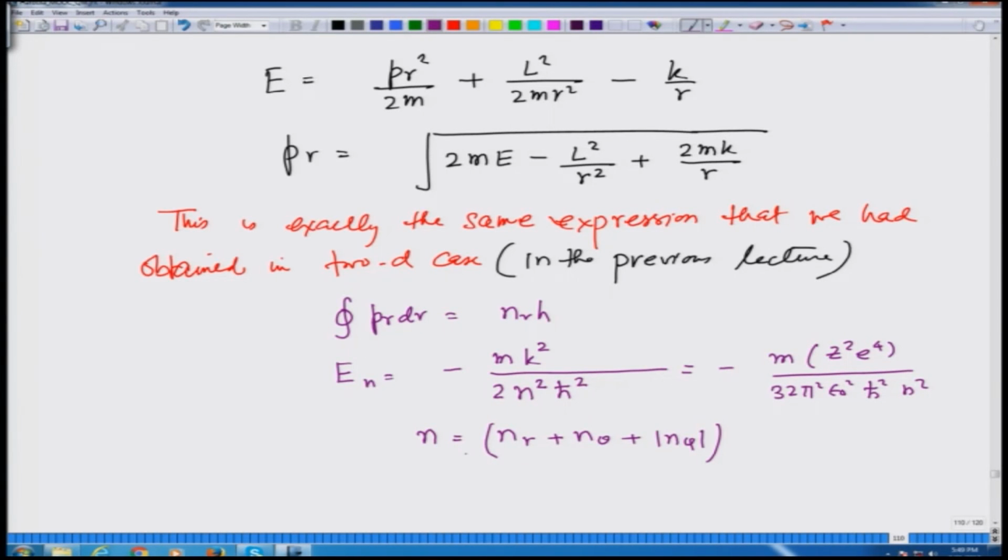That is the value of n, and n r could be 0, 1, 2 and so on.